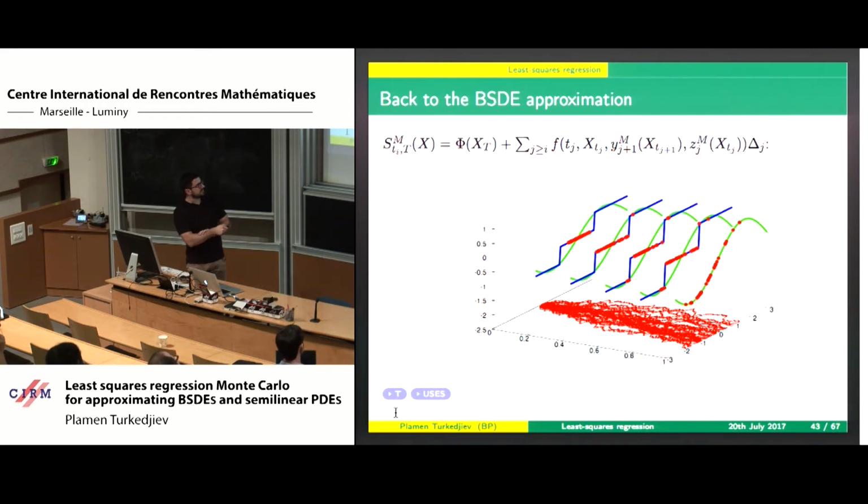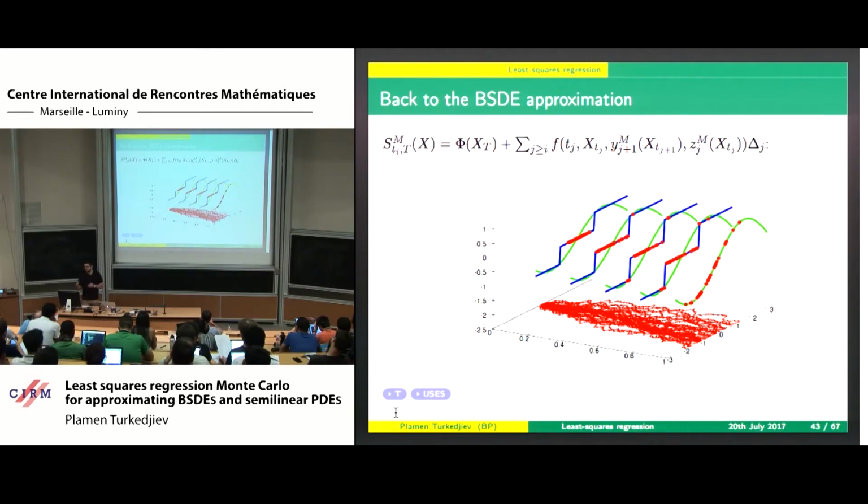So the problem we're getting is that at each time point where we compute a new conditional expectation, we're carrying all of the errors that we've incurred in the previous steps of our algorithm. Okay? So, briefly, we know the solution of y at the end.